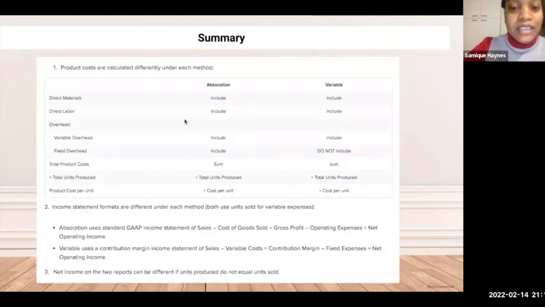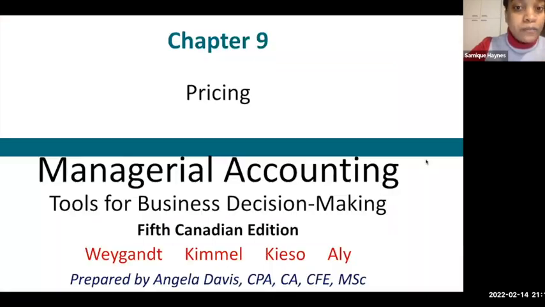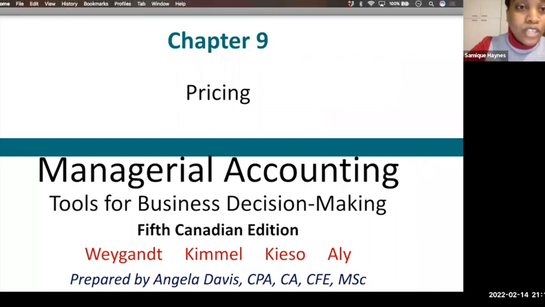Right here, I gave you a summary of the things that are in an absorption costing income statement and a variable costing income statement that you can use while you're studying. And now we're going to go very briefly for the next half hour into chapter 9 on pricing.